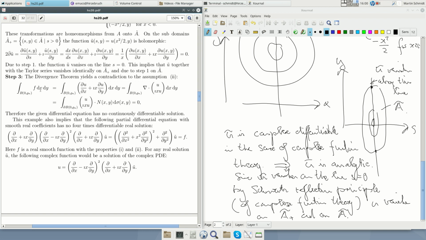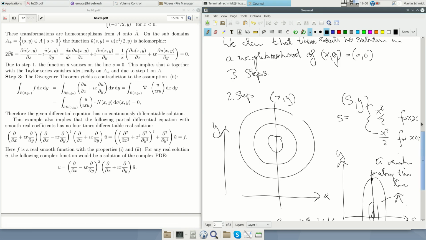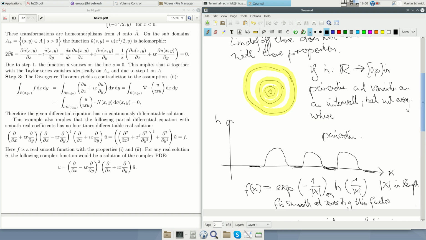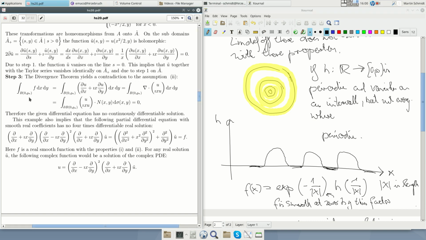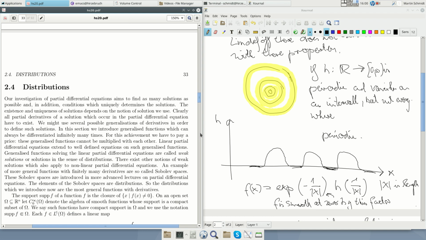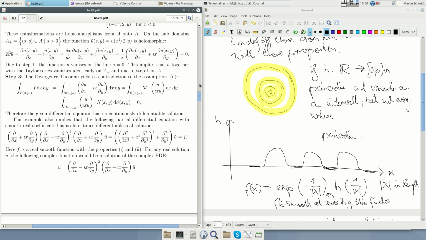So we integrate now in the original coordinates the integral over such a ball whose radius is exactly one of these radii with this special property. Then this integral is non-zero.